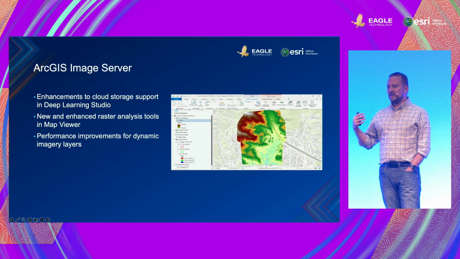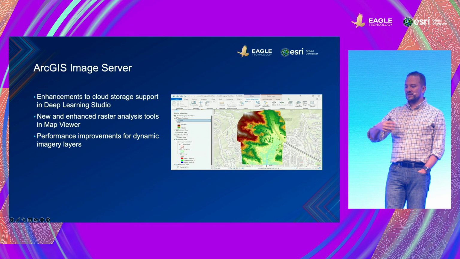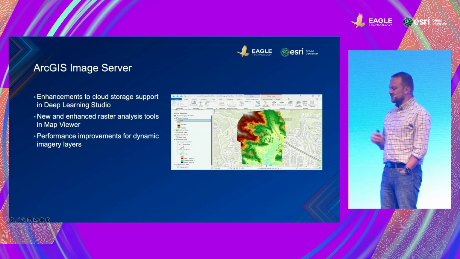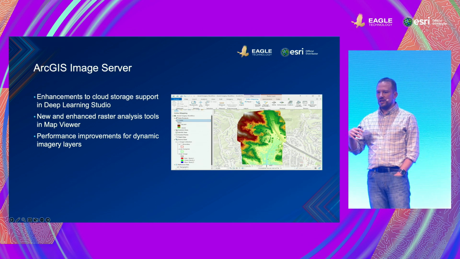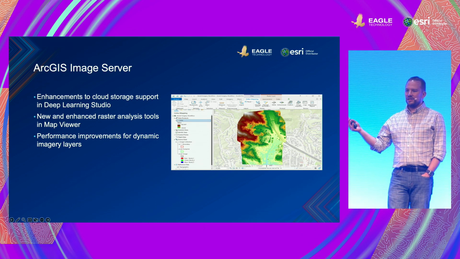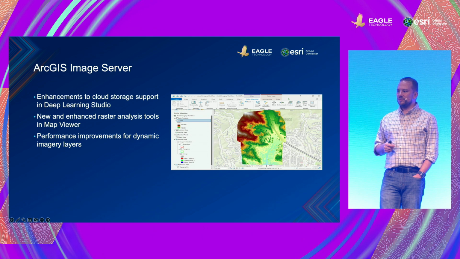And in many cases, putting the software right next to that data to make sure that there's as good performance as you can get, there's very low latency. Contrast that with ArcGIS Online, where the data inherently has to be within the ArcGIS Online environment to be able to be used for analysis and visualization purposes.